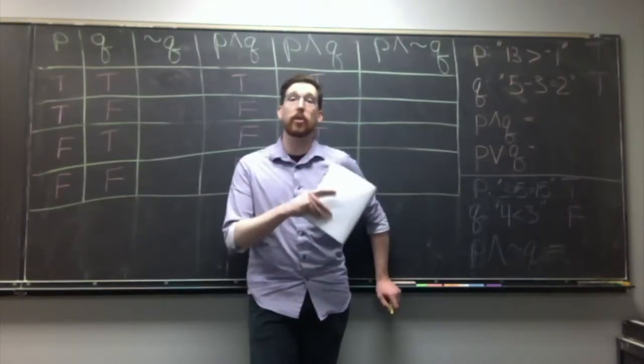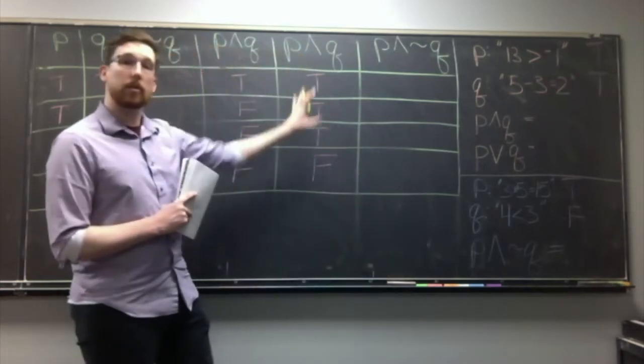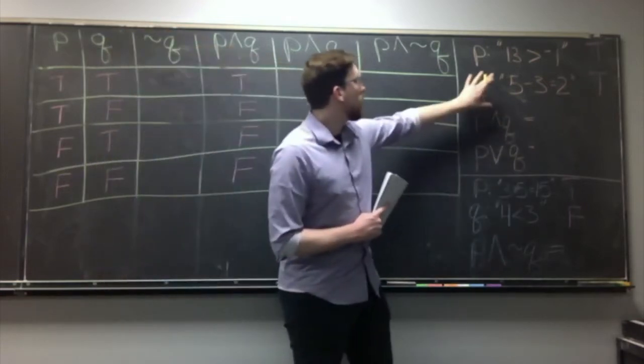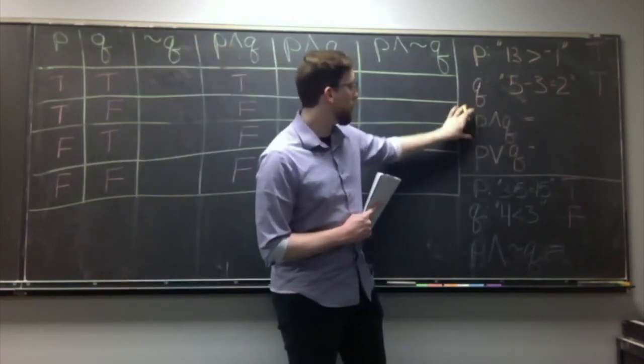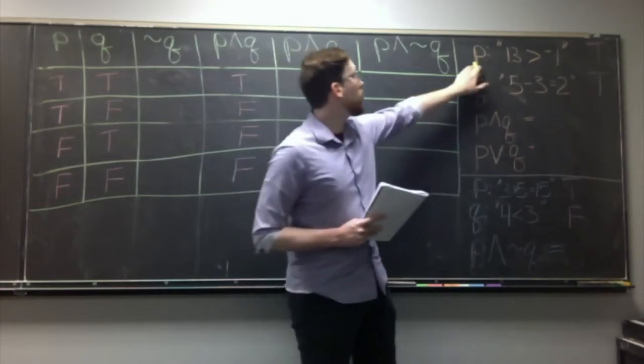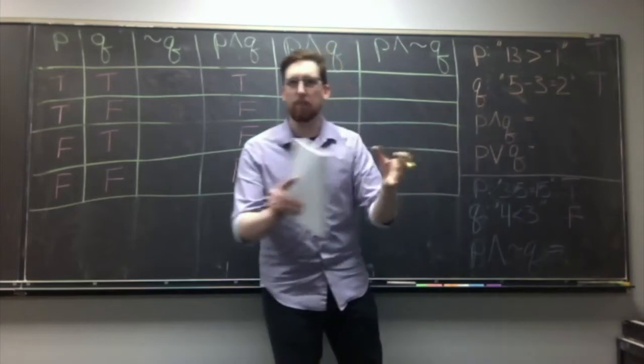Now, for this particular example, what we're going to be doing is we're going to be filling out this truth table. We're going to be using it then to determine the truth values of particular statements, given that we know what the truth values are for each individual statement, for each simple statement.